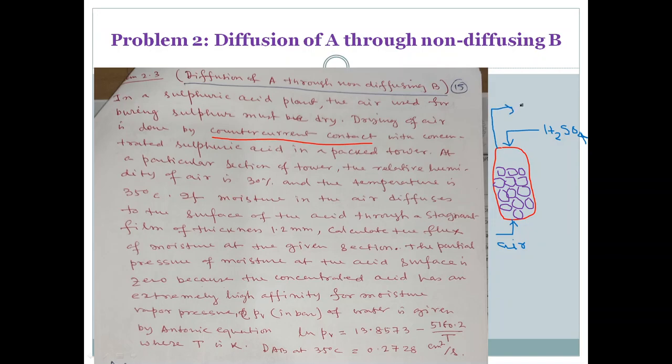So dry air will come here, and then from the bottom the sulfuric acid will come out with a small amount of water. Very simple arrangement. This is counter current.